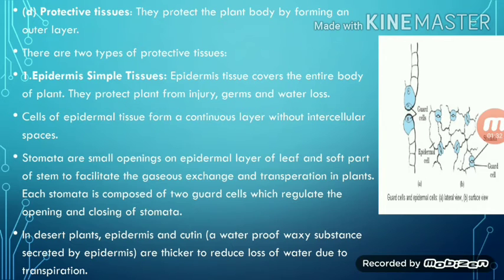They are called stomata. Each stomata is composed of two guard cells and regulates the opening and closing of the stomata. You have seen in the picture, two guard cells are there. This is the epidermal layer.